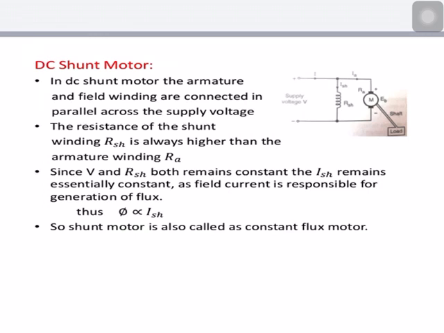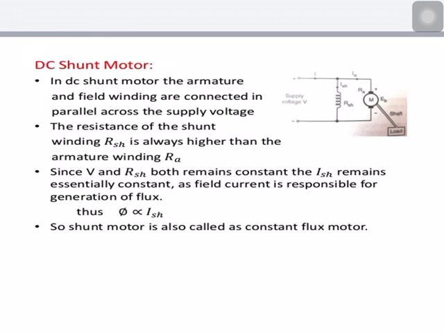Torque and speed play a vital role in the operation of the motor. Torque is produced by the flux, which interacts with the armature flux, and the interaction of these two fluxes develops a unidirectional torque that enables the motor to rotate.